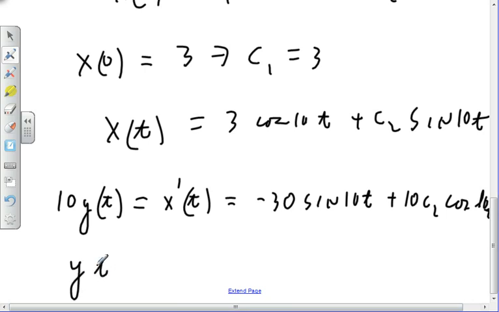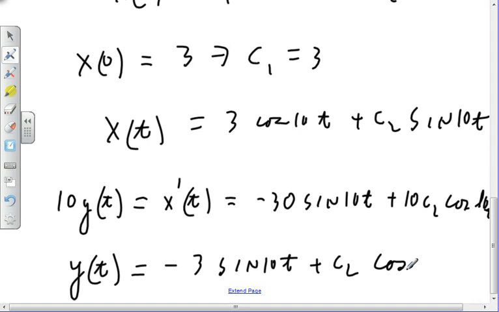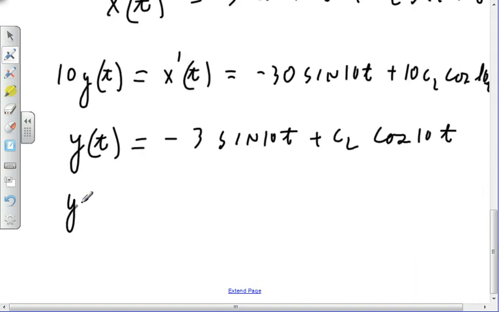Y of t would equal minus 3 sine 10t plus c2 cosine 10t, and y at 0, applying the initial condition, has to be 4, implying that c2 is 4.